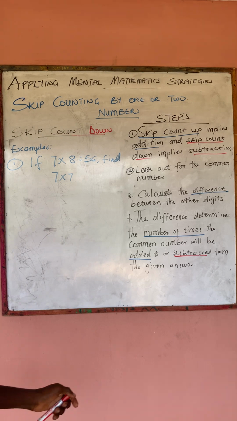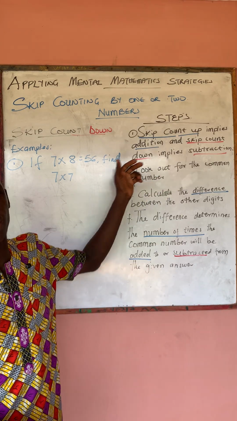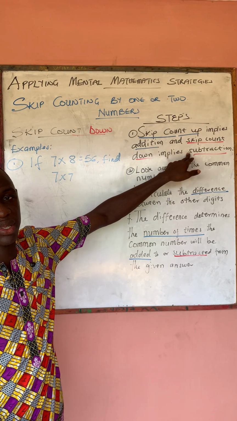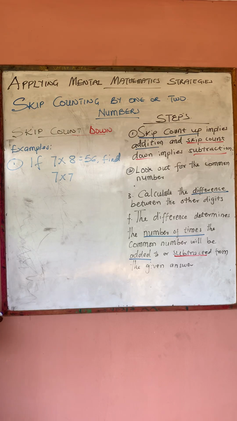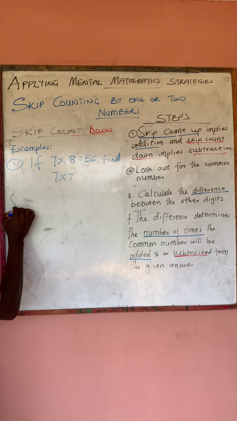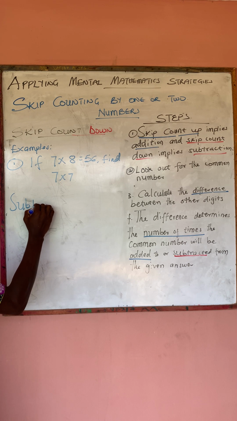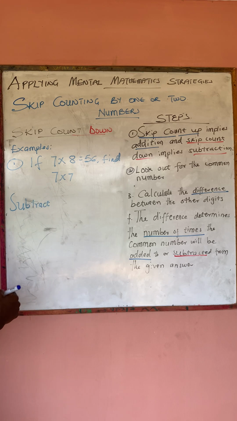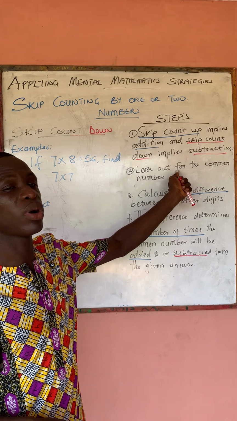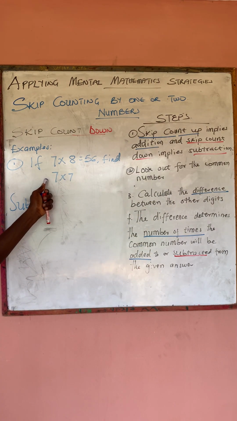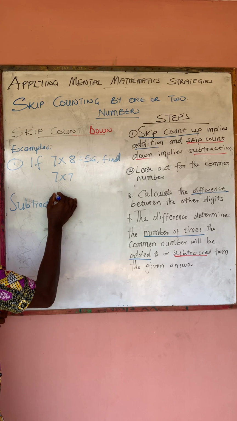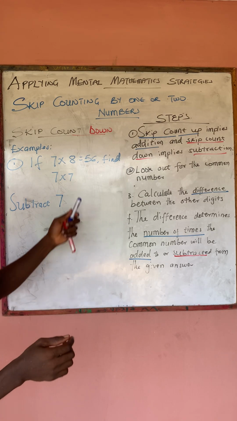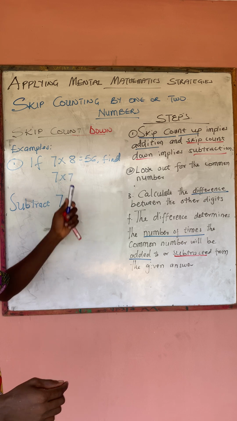So the first item on our rule is going to be to subtract. So you write it down. Subtract. Then step 2, the common number, which is 7. Okay, so subtract 7. The difference between 8 and 7 is 1.